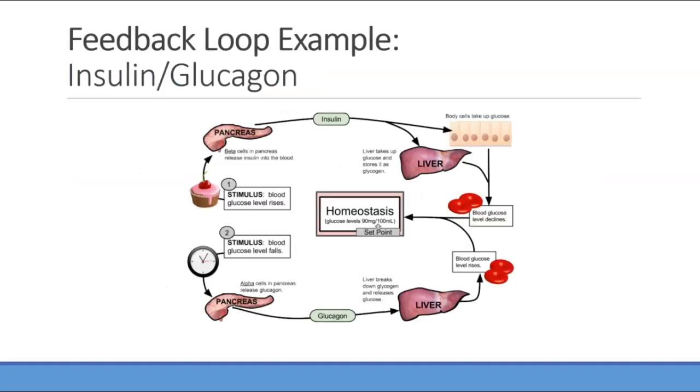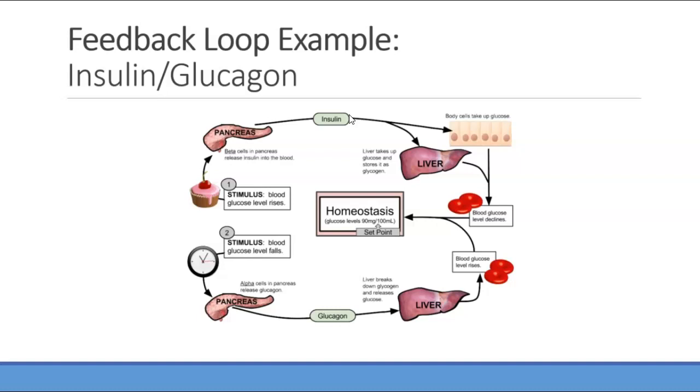So here's a really good example of a feedback loop. We're going to start over here with this beautiful cupcake. So we have a cupcake, and the cupcake, after being eaten, causes blood sugar to rise. Well, when blood sugar rises, the beta cells in the pancreas release insulin, this guy right here, into the blood.